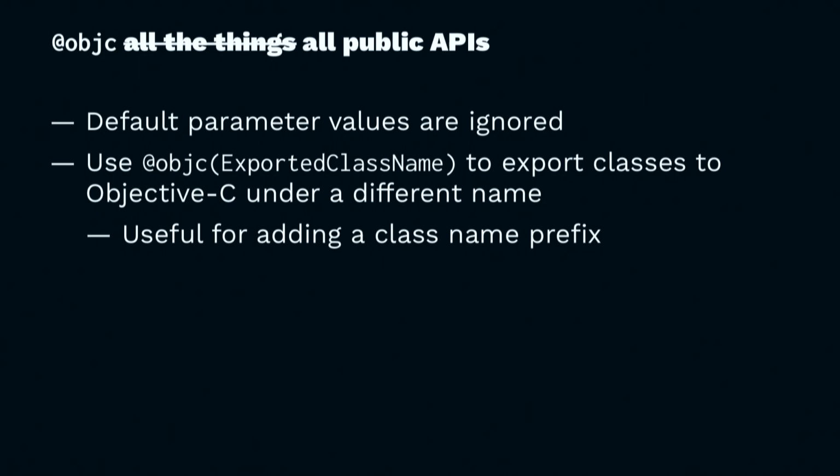Swift solves this by automatically namespacing classes with the modules. But if you're exporting a Swift class to Objective-C, by default it'll just use the Swift class name, which could potentially be dangerous. So you can add this annotation along with a custom name for the class where you can add your prefix or whatever, and you can just export it that way to Objective-C.